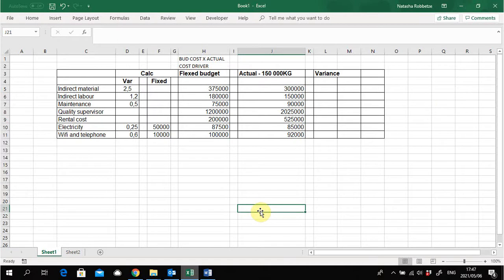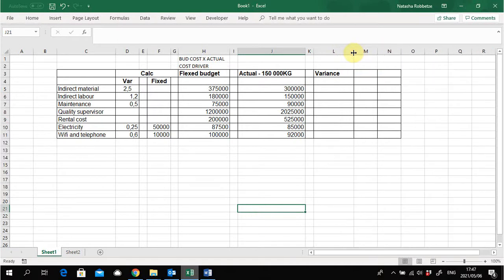Right, now we need to get to our variance. So variance means difference. And then we need to go and determine if it's positive or negative. If I look at the budget here and the actual kilograms, the difference is 70, or the actual Rand value associated with the actual cost driver, I see the difference is 75,000 Rand.